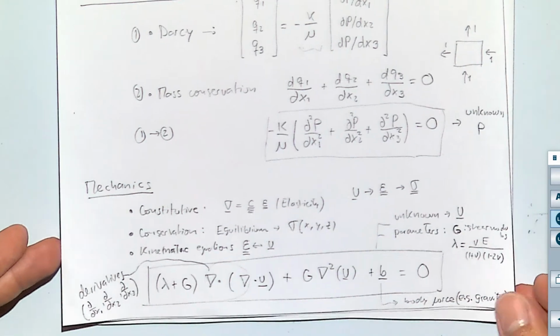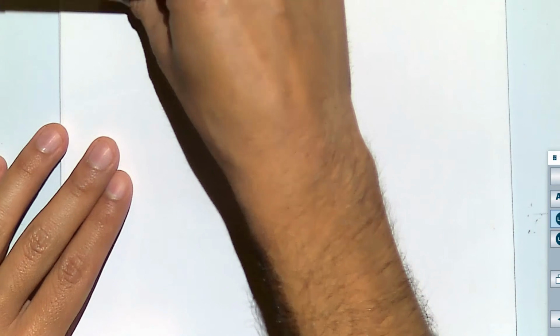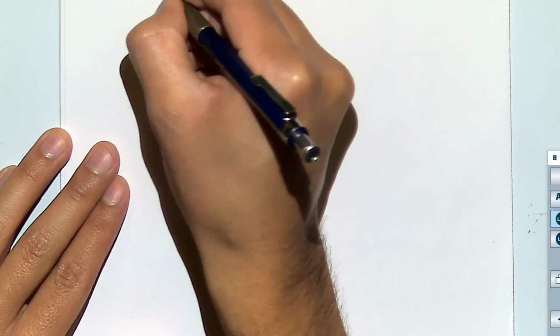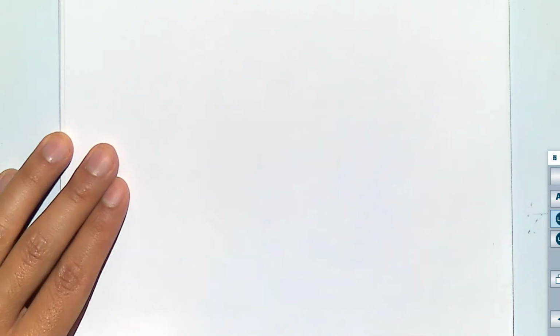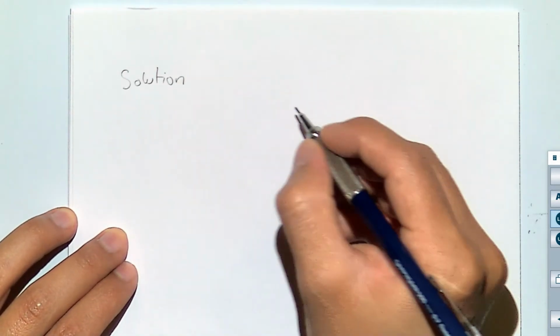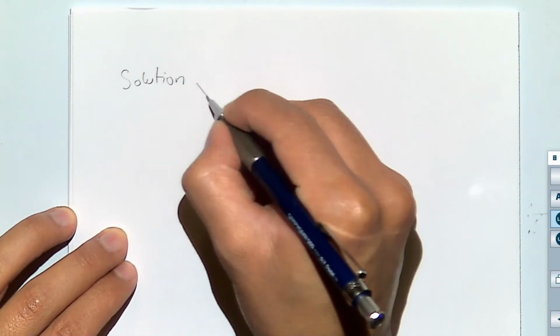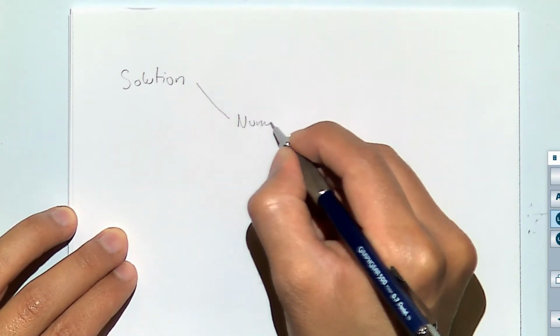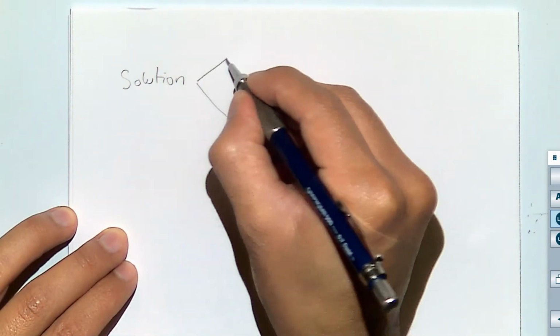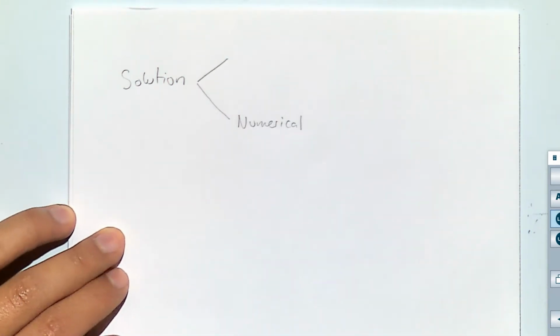Okay, so then let's summarize what I said and add a few more things. So the solution for this mechanics problem, we're going to have numerical solutions, the same as what you have for the reservoir simulator.